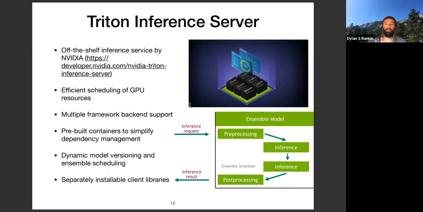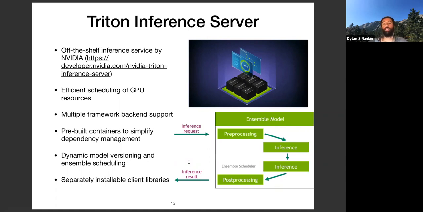One thing that we definitely take advantage of that I'll just note quickly here is this idea of an ensemble model or ensemble scheduling. So in the simplest case, you have a server and you want it to do the inference for a single model. And that's nice, but in a lot of cases, and in our case here, you have multiple models that you want to run successively.